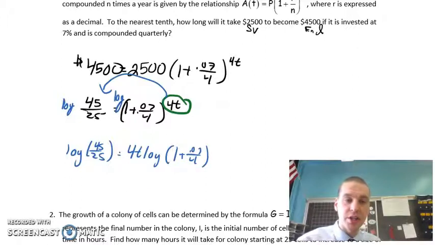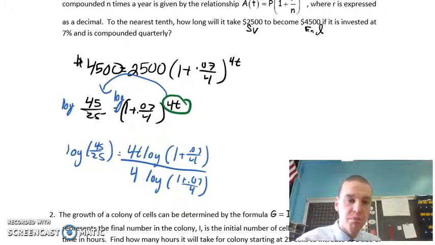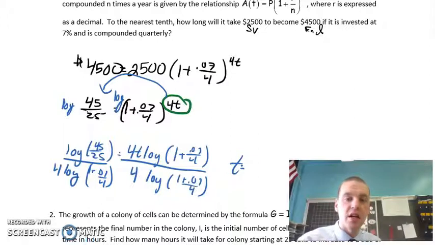Now we're looking for what t is, and you'll notice that we can just divide by 4 log of 1 plus 0.07 divided by 4 to this side to get what t is. And so you plug that in your calculator. When you do that, you get approximately 27 years.